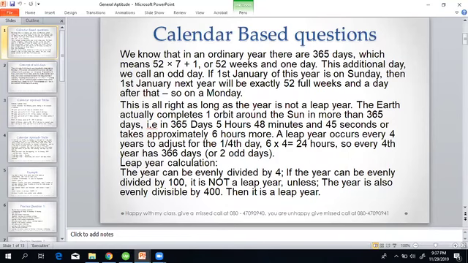The year should be evenly divisible by 4.